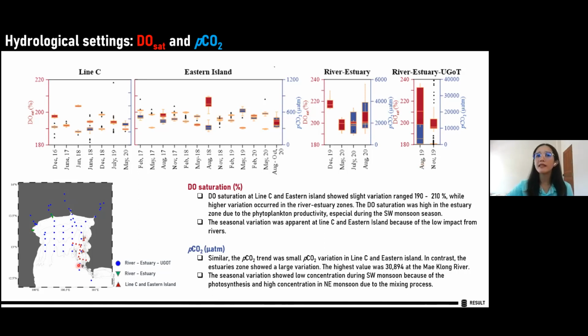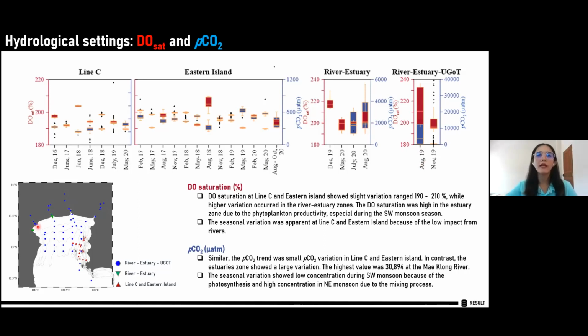For the pCO2, the water is quite stable in the Lysi and Eastern Island, but in contrast, the estuary zone shows large variation. We found the highest value, almost 30,000, in the Mae Klong River.